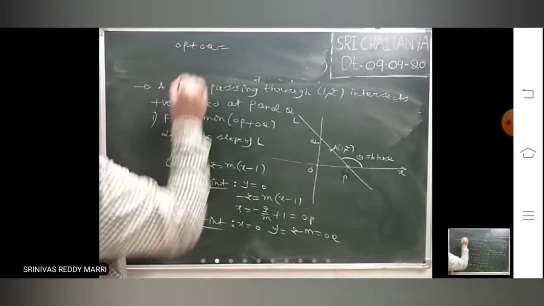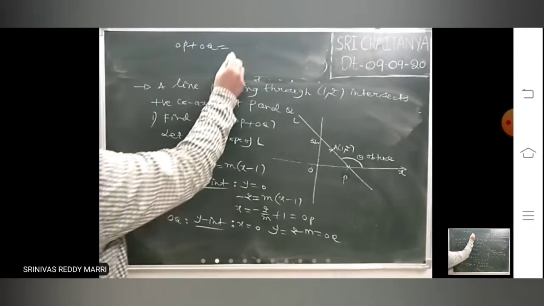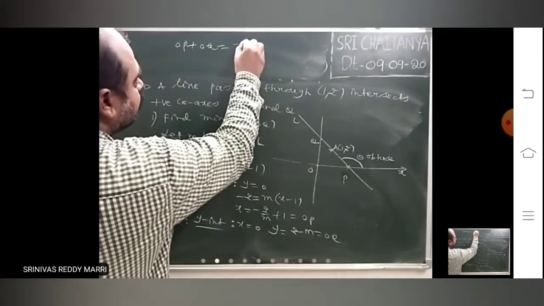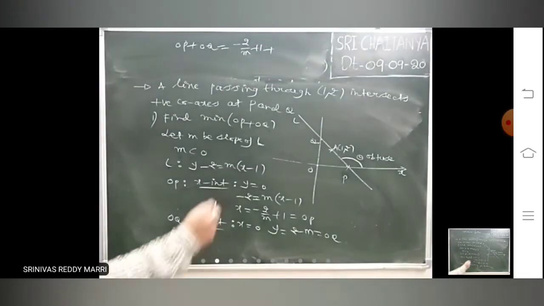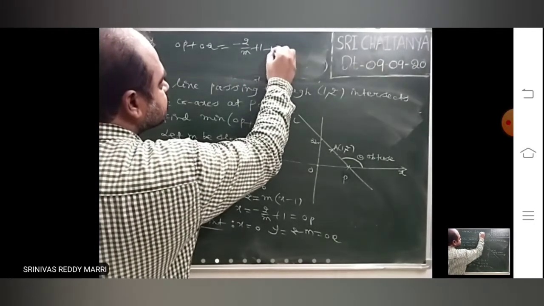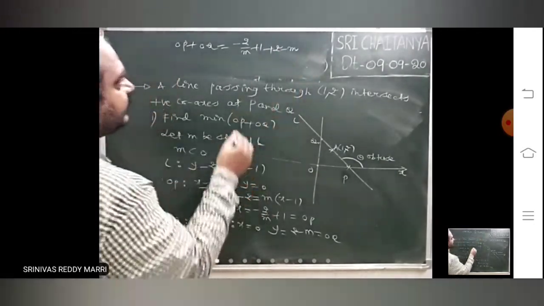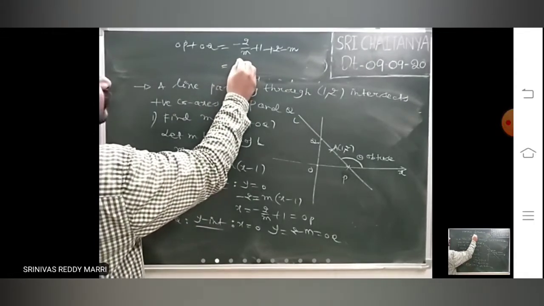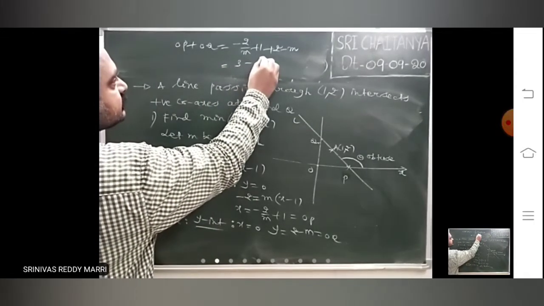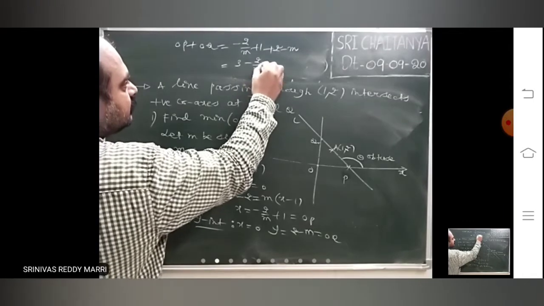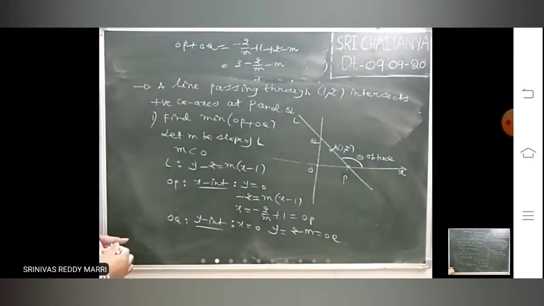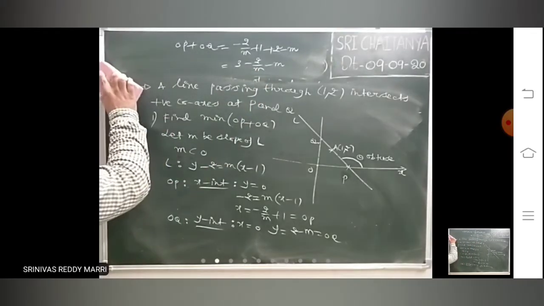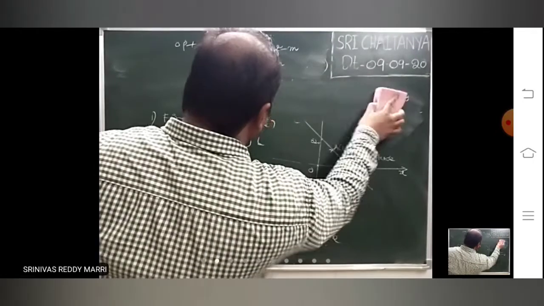OP plus OQ is minus 2 by m plus 1 plus 2 minus m, that means 3 minus 2 by m minus m. This is the function of m you are getting, and he wants the minimum value of OP plus OQ.